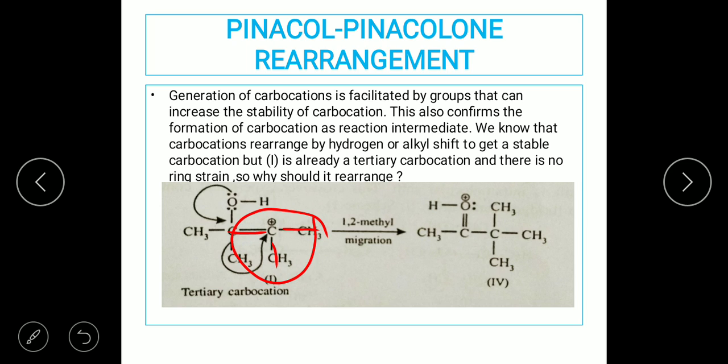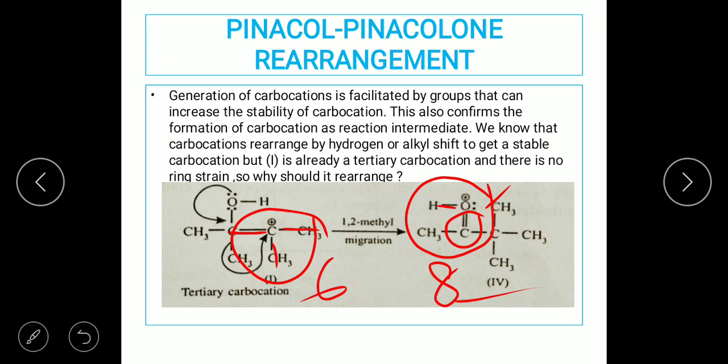The 6 electrons are scattered around this carbocation. But when you look at structure 4 and at this oxygen atom, you can see that there are 8 electrons surrounding the oxygen atom. That is 2 electrons forming a bond between oxygen and hydrogen, 2 lone pairs, which is 4, and then 4 electrons in the carbon-oxygen bonds, that is 4 plus 4, 8.